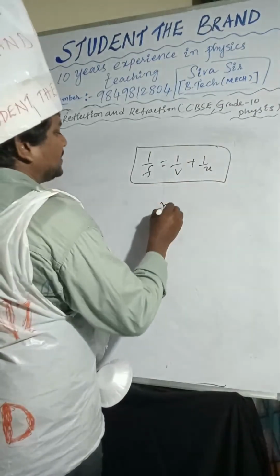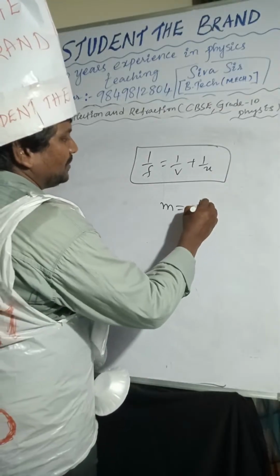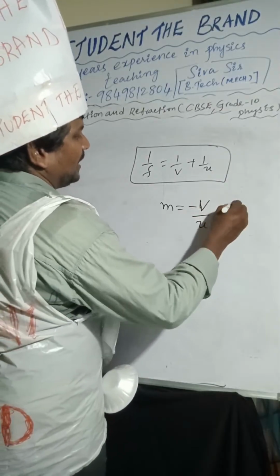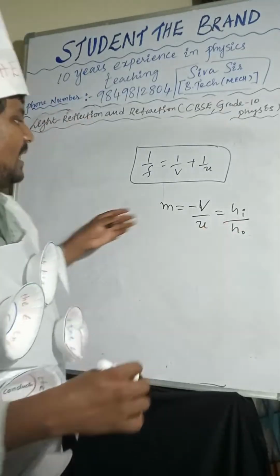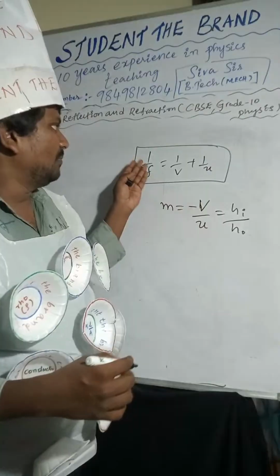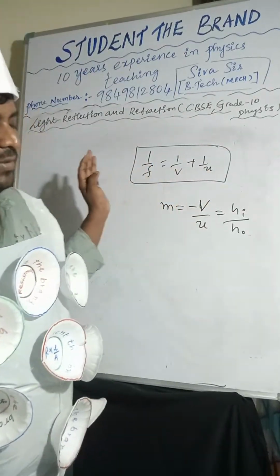And magnification equal to height of the image by height of the object, that is nothing but minus v by u. So m equals minus v by u. And 1 by f equal to 1 by v plus 1 by u. So this is about mirror formula and magnification.